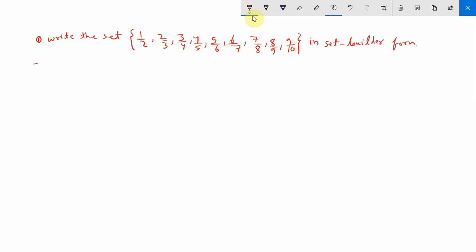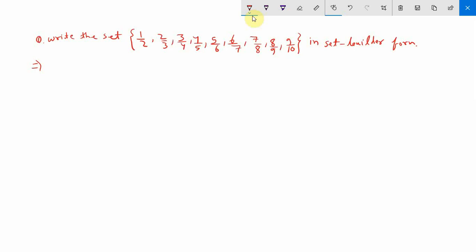Okay friends. So if we see this, consider any element, 1 by 2. If we observe the first element, the numerator is 1 and denominator is 2. Okay. Second element, you see, 2 and denominator is 3. So we can write in set builder form. See, we can observe the denominator is 1 more than the numerator in all the elements. Okay.